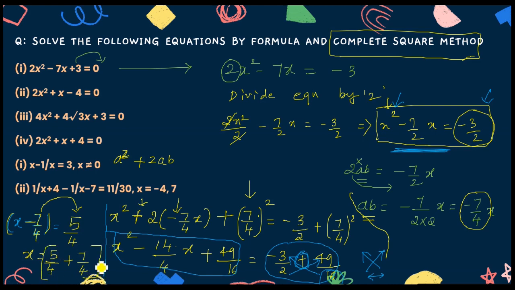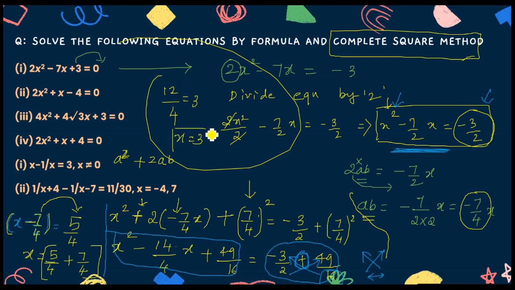Now these are like fractions, so I will add the numerators. 5 plus 7 will be 12. 12 by 4 is 3. So your x is equal to 3 in this case. That's all. So just follow the method like this. And see this 2ab, how to compare that and how to write also I have shown.